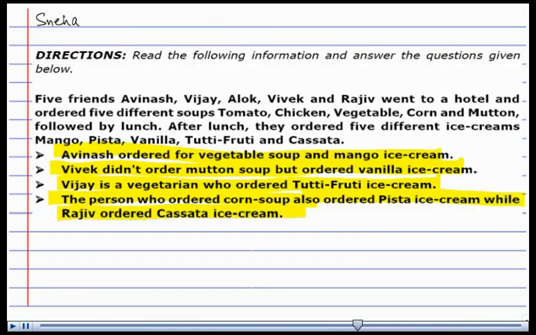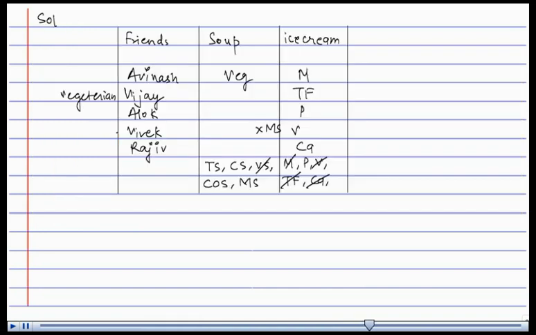Also it was given in the information that the person who ordered corn soup also ordered pista ice cream. That means Alok ordered pista ice cream and he also ordered the corn soup, that is COS.